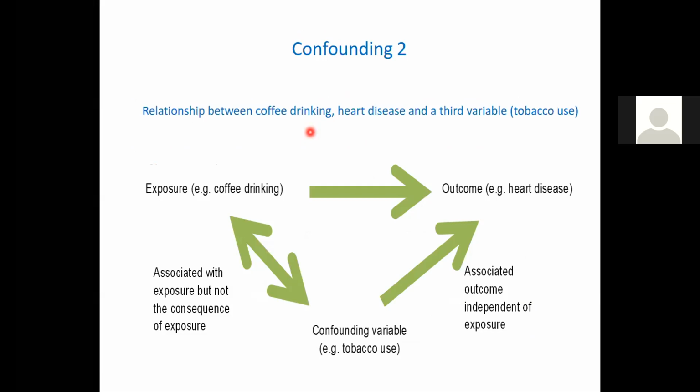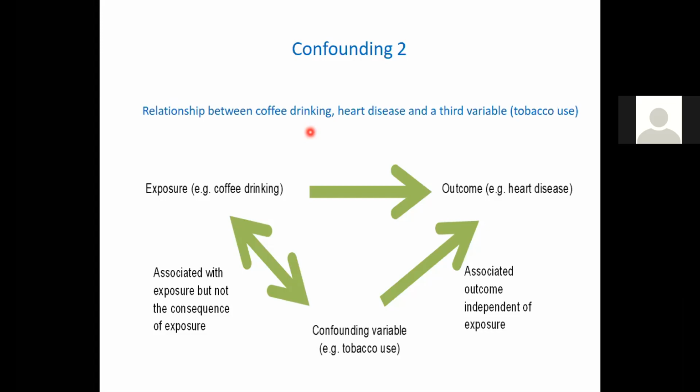Now you will see that the confounding variable is tobacco use, and one arrow goes from tobacco use to heart disease. It means that it's a factor for heart disease also. But if you look at it, there are two arrows between the confounder and the exposure. Both of them are related, so you cannot say one caused the other. They are just associated, somehow.